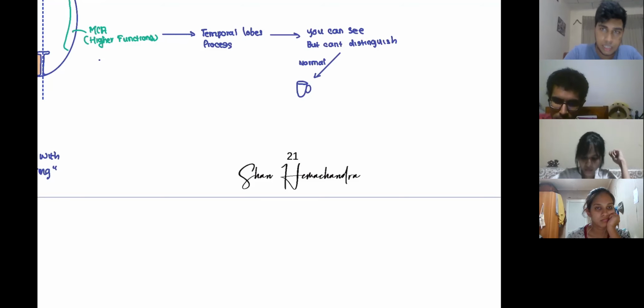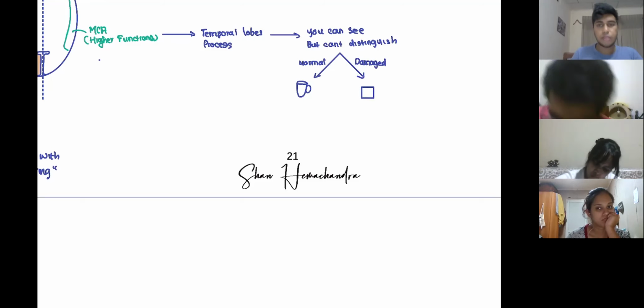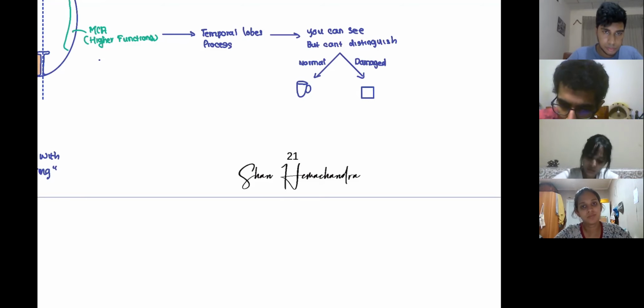This is what you see. But with damage, you cannot distinguish it. In the sense, you see something, but you cannot distinguish it from other things. Is it a pencil? Is it a cup? Our brain cannot tell you that. Okay, I hope you guys understand this.